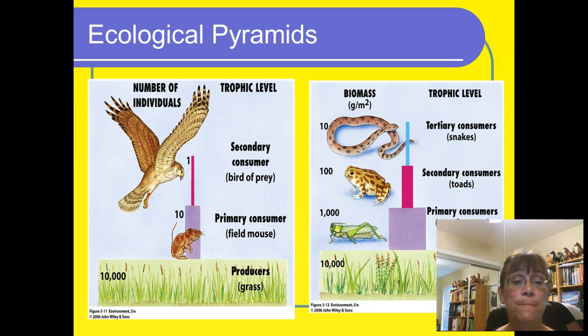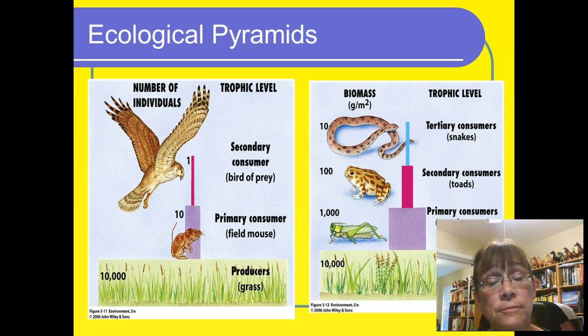And those are numbers. Look at the biomass. Biomass is usually represented in grams per meter squared. Biomass says there's 10,000 grams per meter squared of grass, and this will feed 1,000 grams per meter squared of grasshoppers.